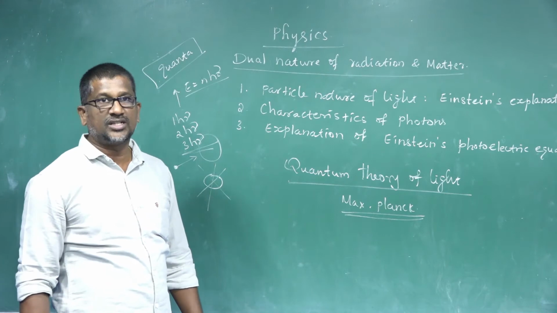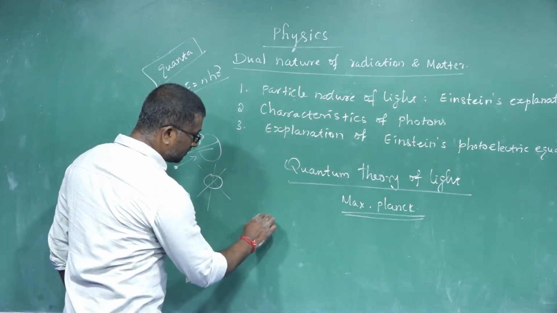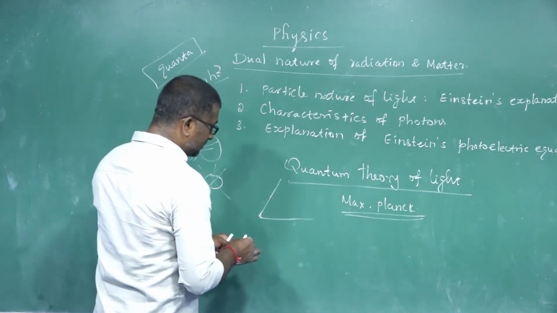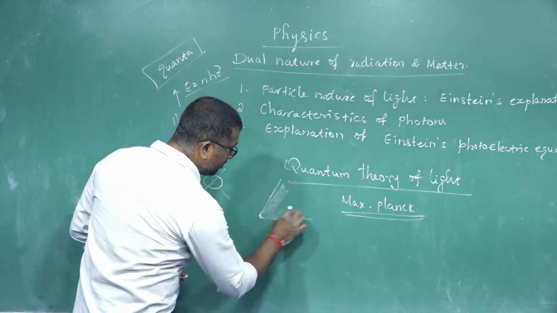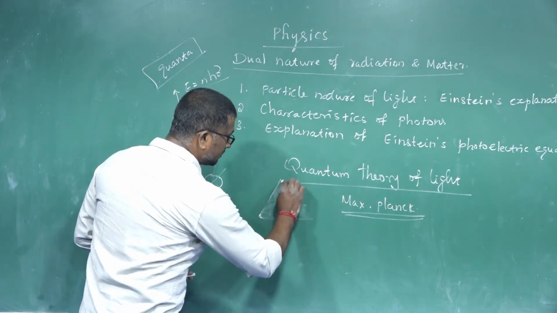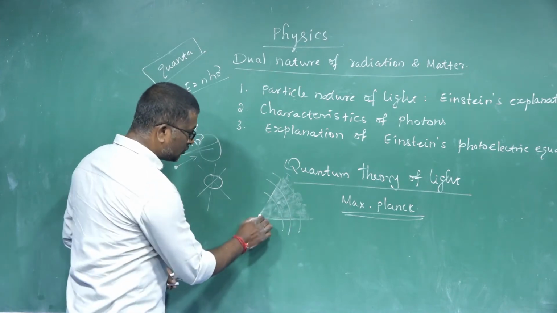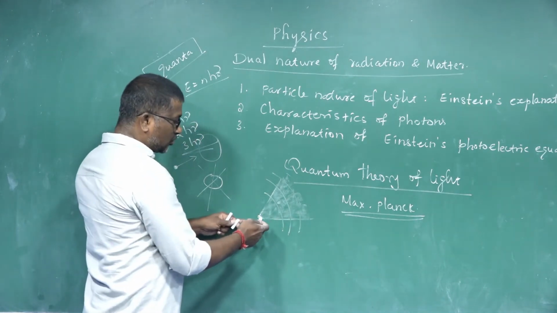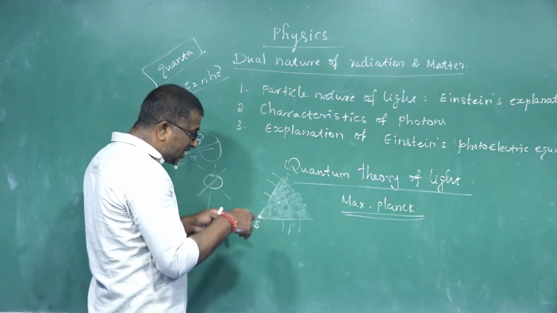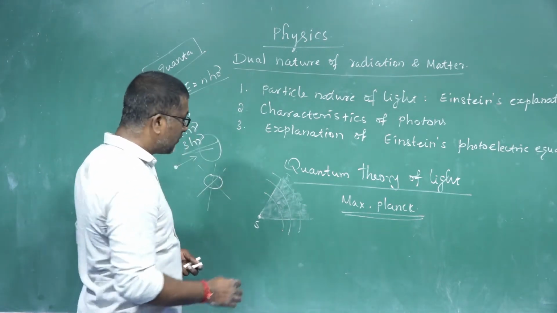He suggested that the light energy emitted from the source cannot be spread out over the wavefronts. So these are wavefronts, and this is the source of light. The source of light emits light energy, and the energy emitted from the source cannot be spread out over the wavefront.